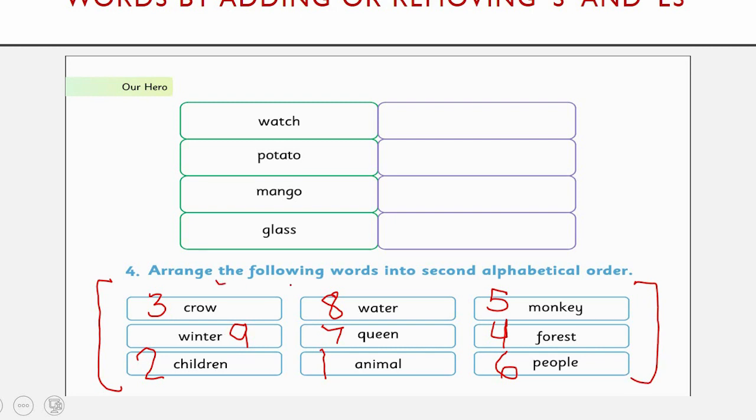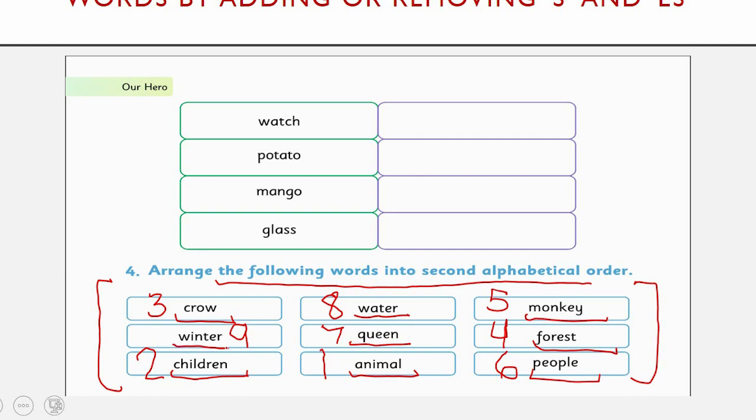You have to arrange them through the second alphabetical order. And if you look at the screen, I have numbered each word starting from number 1. The first one is animal, second children, third crow, fourth forest, fifth monkey, sixth people, seventh queen, eighth water, and ninth is winter.